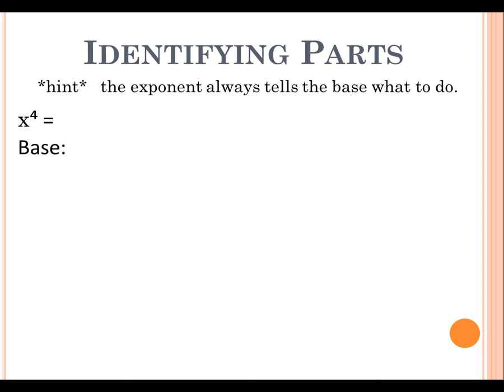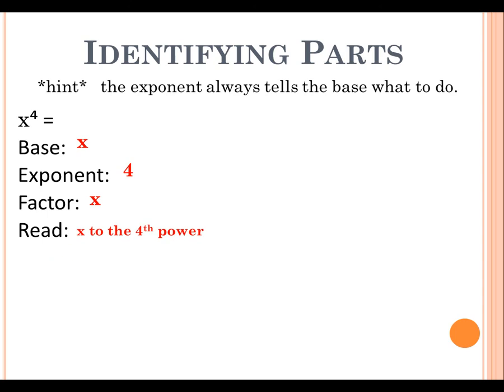So for x to the 4th, x is a variable. It means it represents some sort of integer. The base is x. Our exponent is what, Bradley? 4. Then we have our factor, which is going to be just x. It is read by saying x to the power of 4, or x to the 4th.